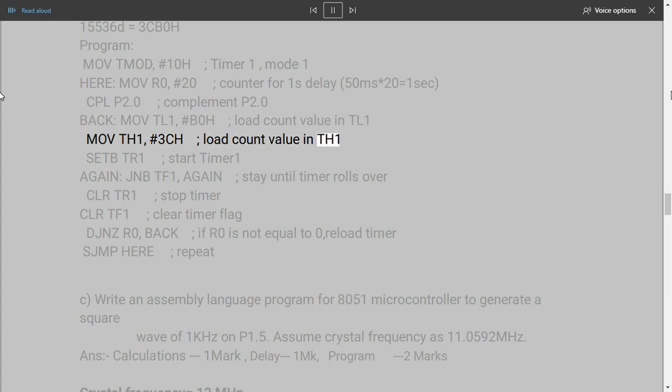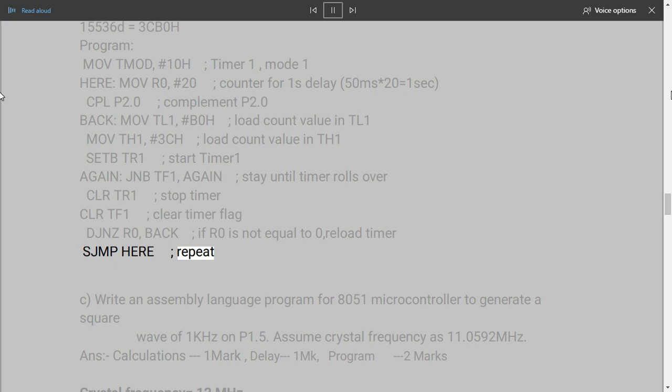SETB TR1, start timer 1. Again: JNB TF1, again, stay until timer rolls over. CLR TR1, stop timer. CLR TF1, clear timer flag. DJNZ R0, back. If R0 is not equal to 0, reload timer. SJMP here, repeat.